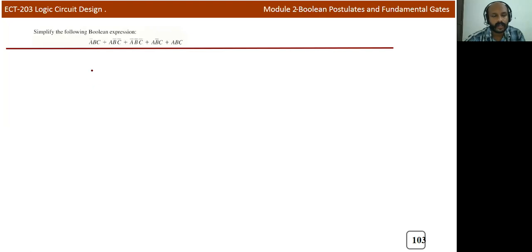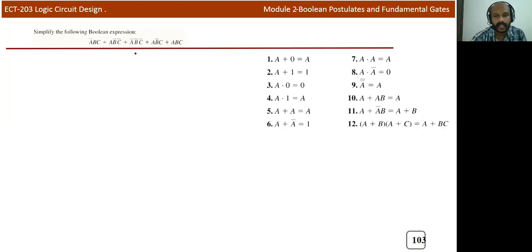Again, we need to simplify this particular expression: a bar bc plus a b bar c bar plus a bar b bar c bar plus a b bar c plus abc. Again we can apply the rules here. So factor bc from the first term and the last term.